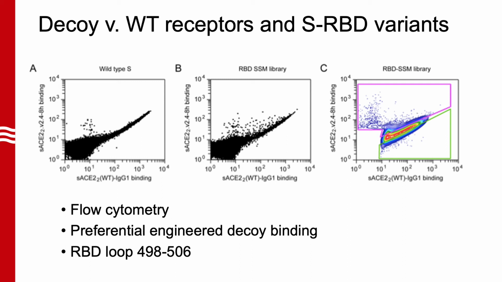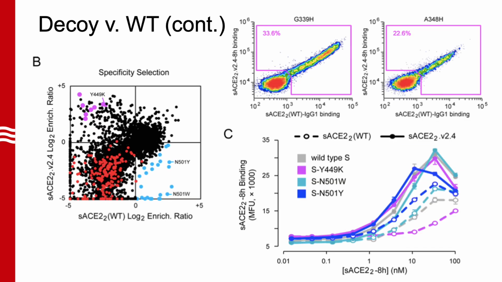But researchers were still interested in that small group of variants that showed increased preference for the wild-type receptor and wanted to see if this was just noise seen on the machine or if these were truly mutants to be worried about. 24 mutants that were enriched in the preferential wild-type binding sort, which are represented by the blue dots in figure B, were then tested again by FACS.